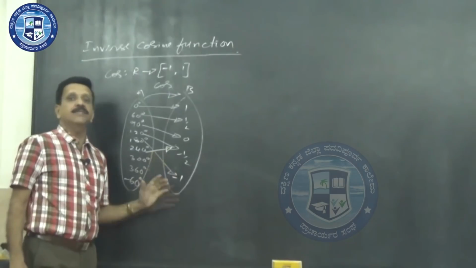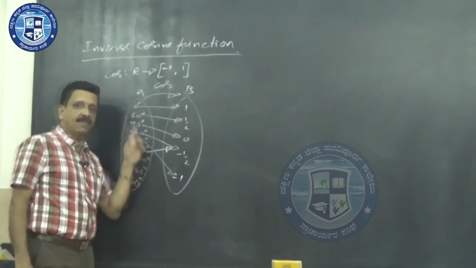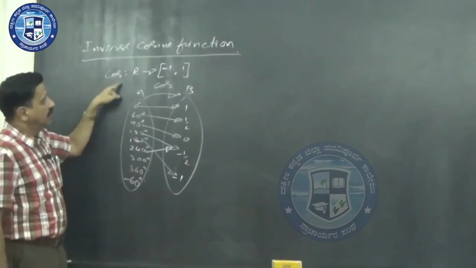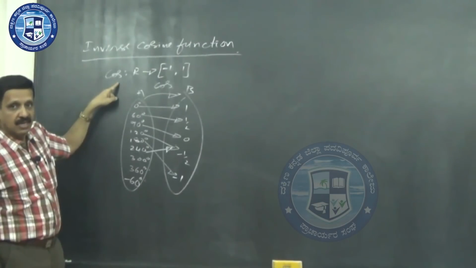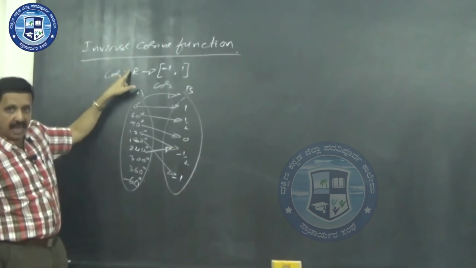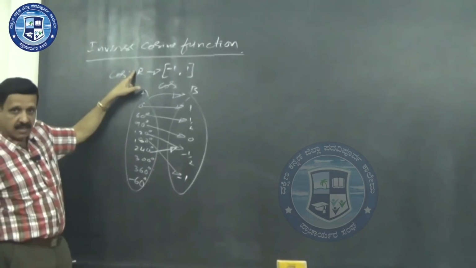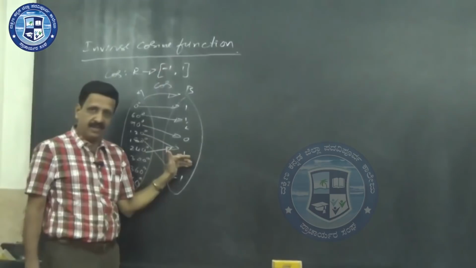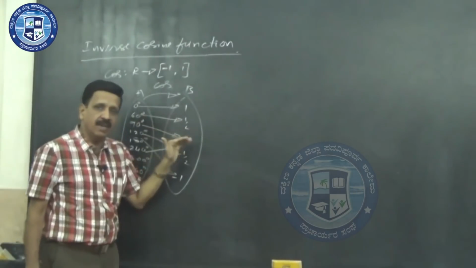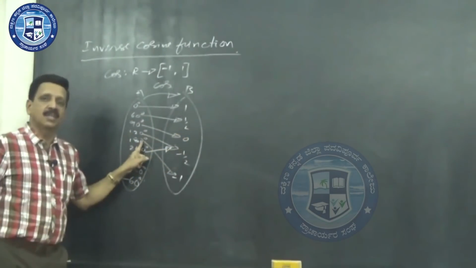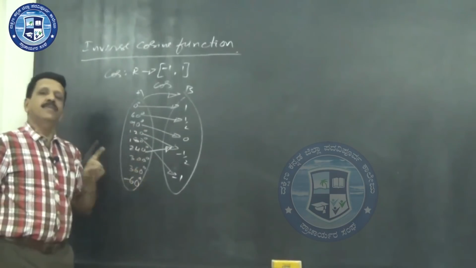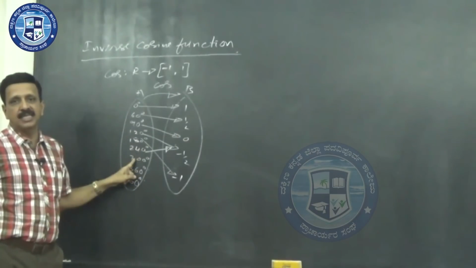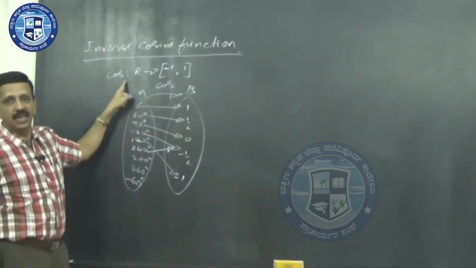Hence, inverse function does not exist for this type of cosine function. If you take set A as real number set, it is true that cosine of that angle is defined. It is there in set B, but it is not 1, 1 function. It is not bijective. Therefore, inverse function does not exist if you define cosine function like this.